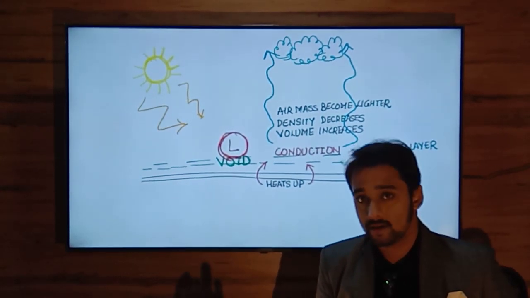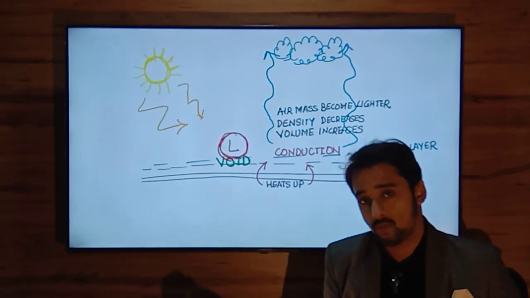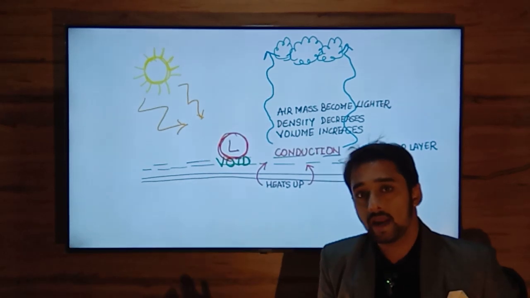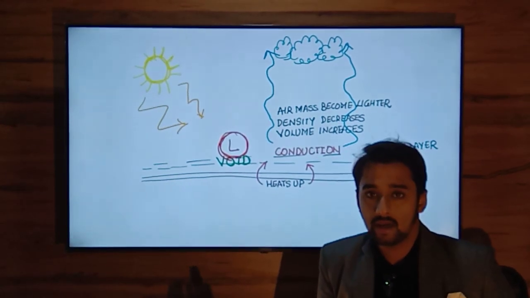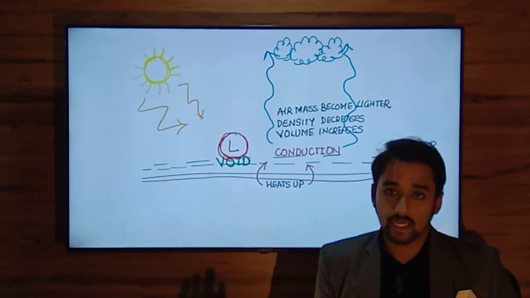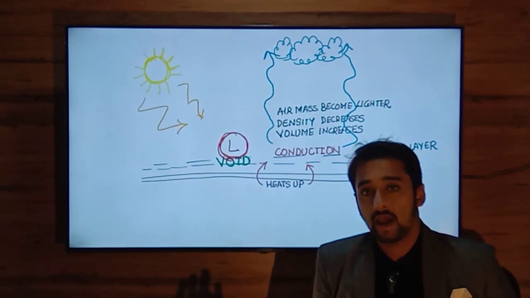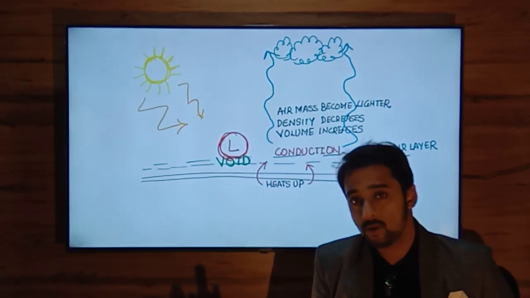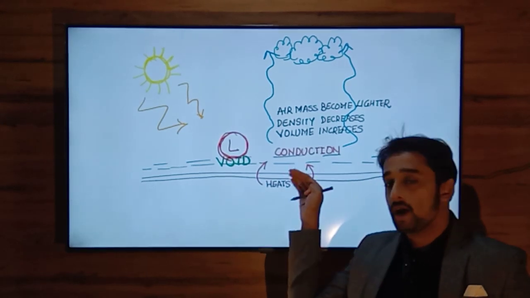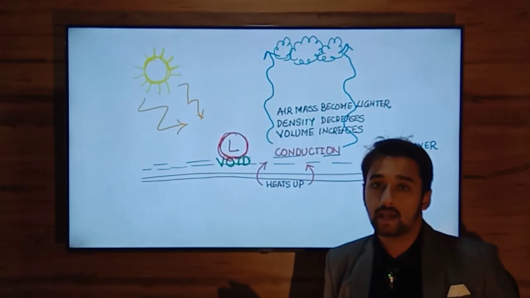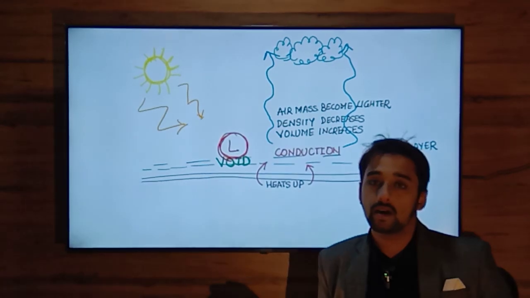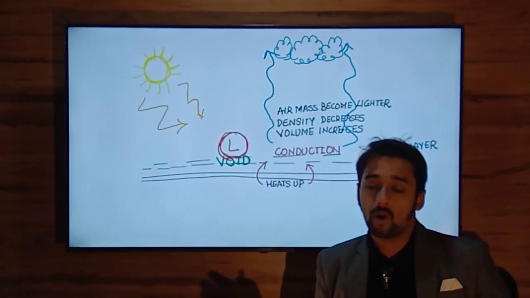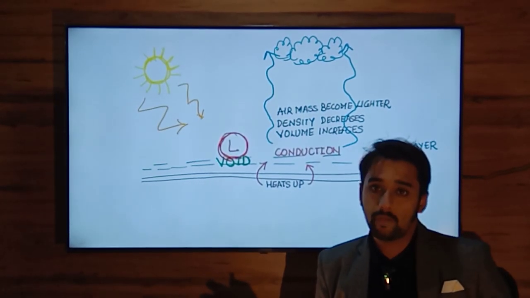It will become light, and this light air will rise up in the atmosphere up to a particular height, depending on the stability or instability of the atmosphere. When it rises, the place that it occupied before on the ground is replaced by a low pressure region, or we call that void or empty space low pressure.